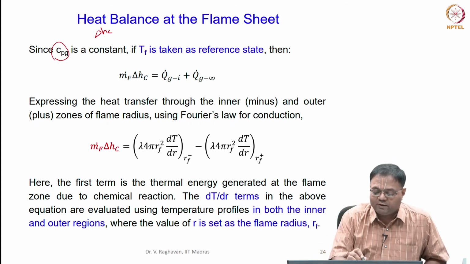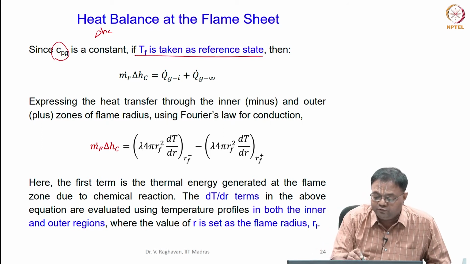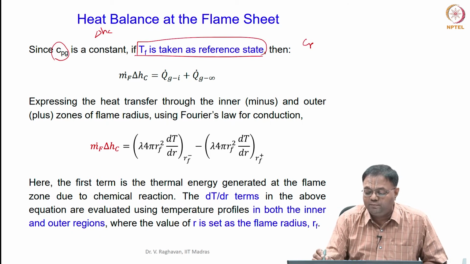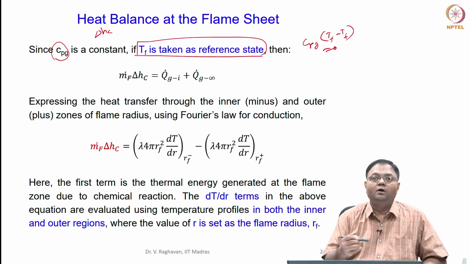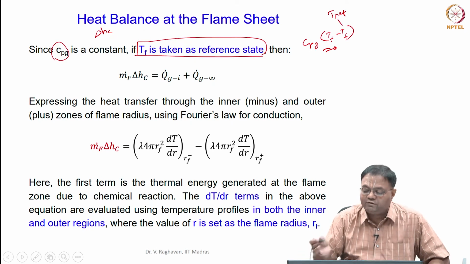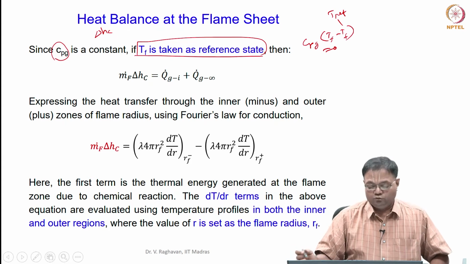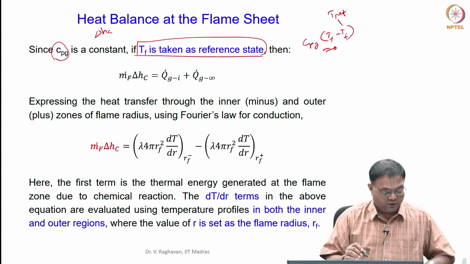So Tf itself can be taken as the reference state. If we take Tf as the reference state, then the sensible part can be neglected. Tref is also taken as Tf itself. So this sensible enthalpy term goes away, and we will only consider this.